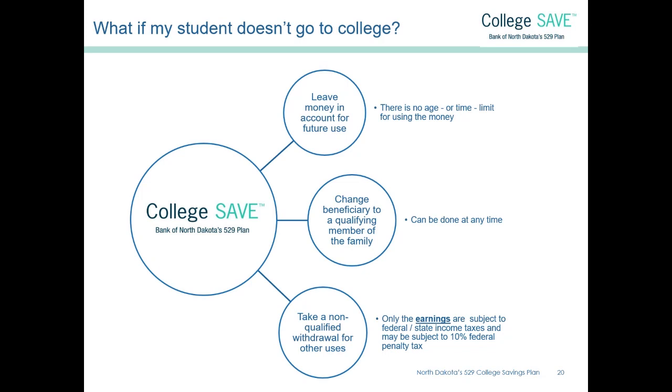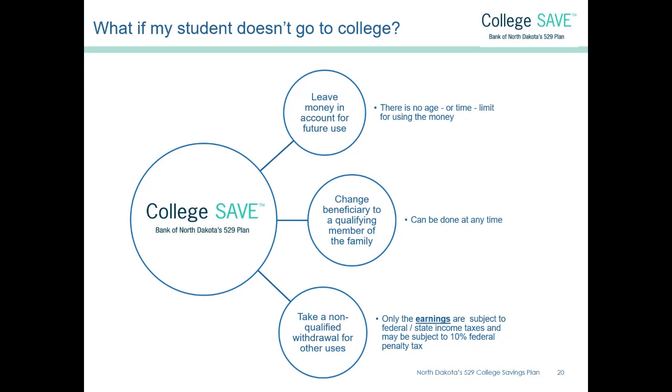And the reason you're paying that 10% penalty is because the federal government doesn't want people to shelter income into a 529 plan and not expense it for the reason they were allowed to grow it for all those years tax-free. So that's why there is the potential for a 10% penalty on the federal side for your earnings growth, okay? Or federal and state income taxes and the 10% penalty.